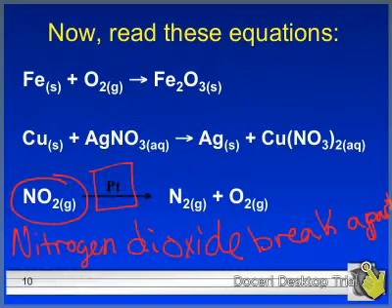So it's going to break apart under the influence of platinum, or with the catalyst platinum, however you want to put that, to form... what's this guy called? Diatomic molecule. Or do we change the name of a diatomic molecule? No. So it's going to form nitrogen gas plus oxygen gas, correct? Diatomic molecules, we don't change their name. It's a given. If you don't have those memorized, you should probably memorize them now.